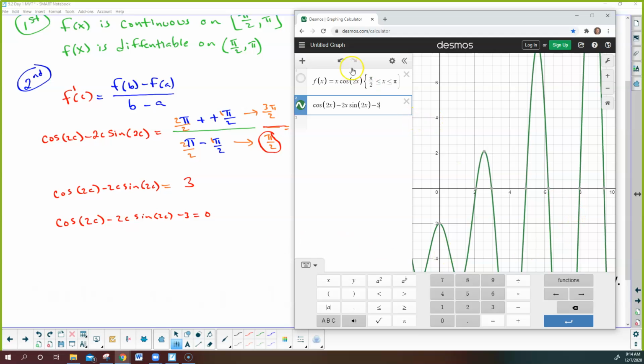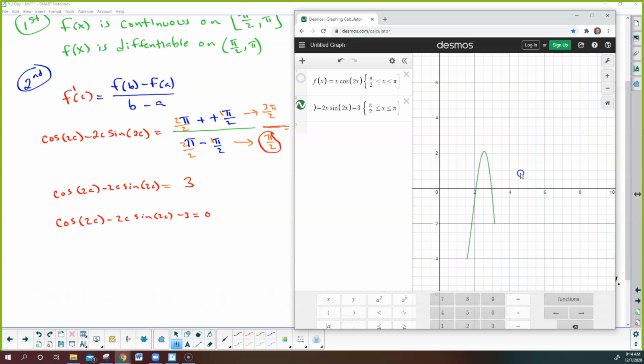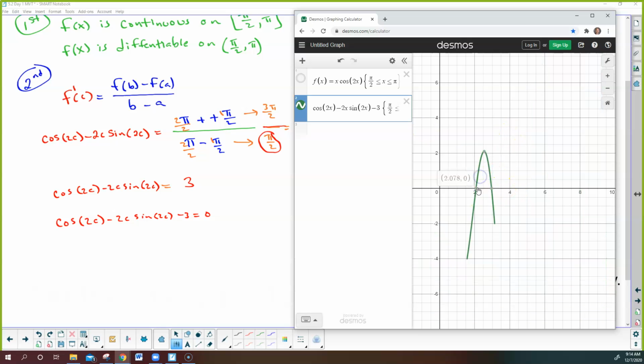Okay, and then I'm going to put the same domain because we're really only focusing on these spots. So where are the spots where this green function crosses 0 on this interval? That's right here, 2.078 and 2.964.